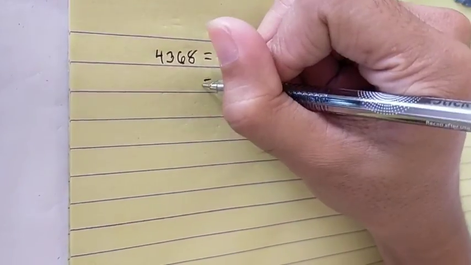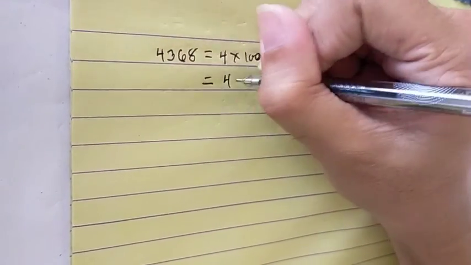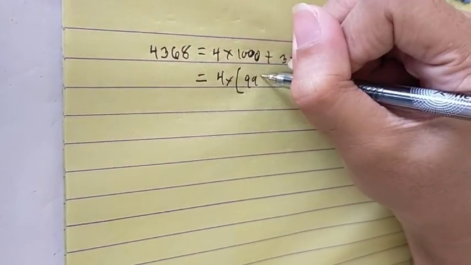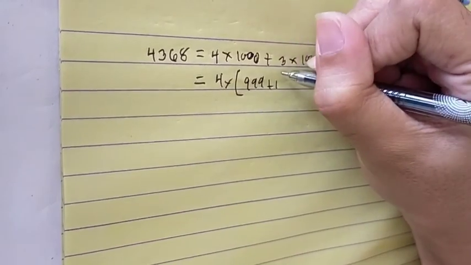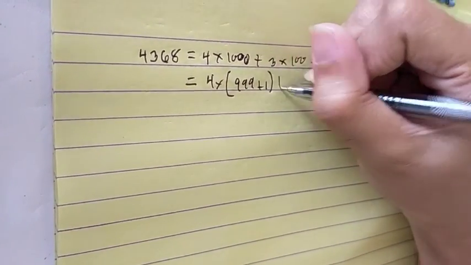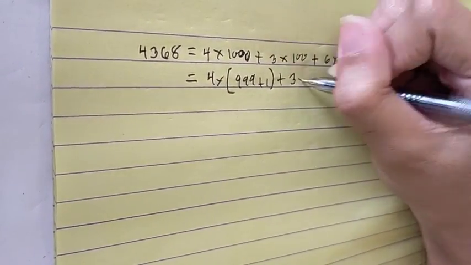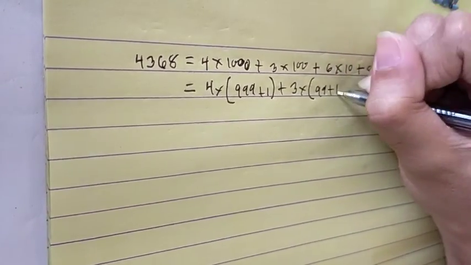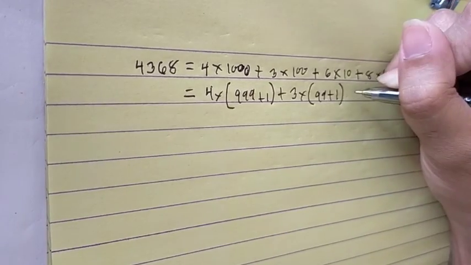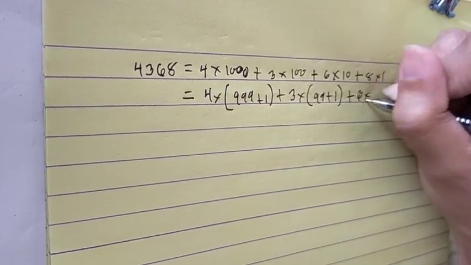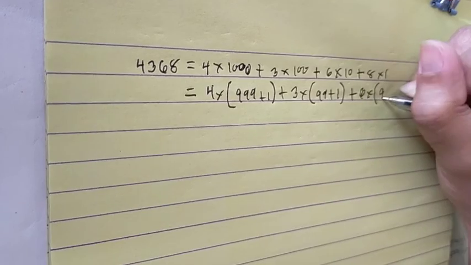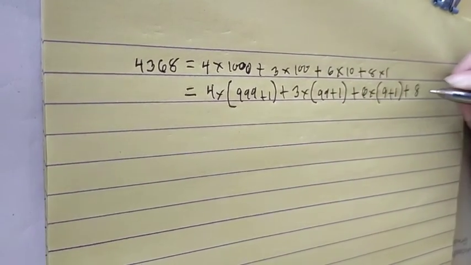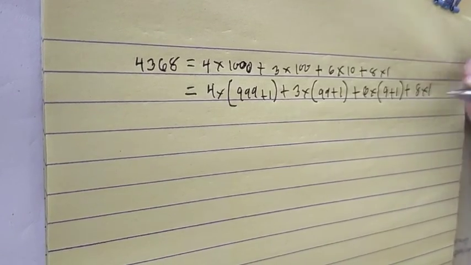Then we have 4 times the quantity 999 plus 1, plus 3 times the quantity 99 plus 1, plus 6 times the quantity 9 plus 1, plus 8 times 1.